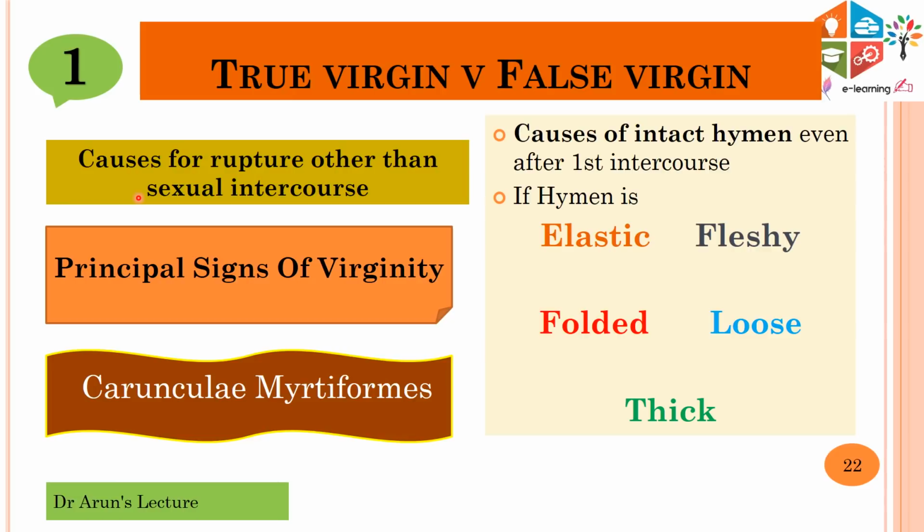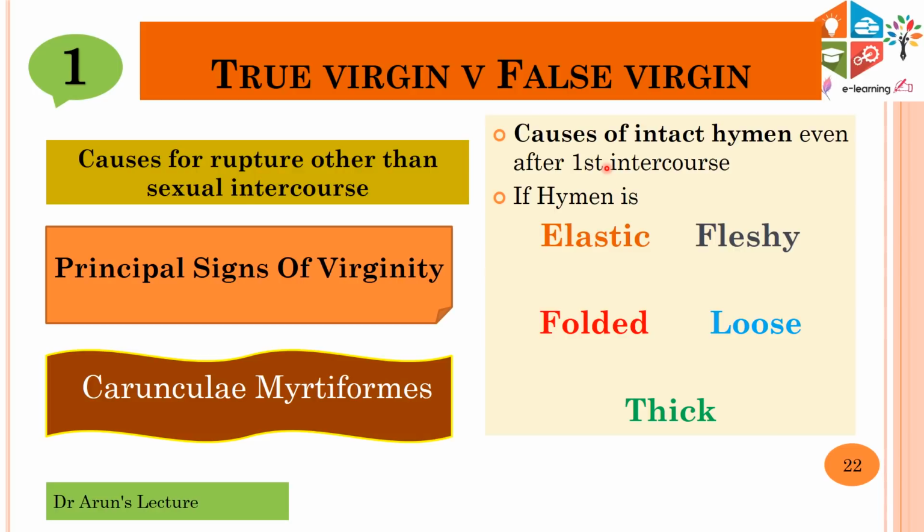And remember, even after repeated intercourse a hymen can remain intact if it possesses features such as being elastic, fleshy, folded, loose, and thick enough to resist rupture. Such a hymen permits displacement and even resists distortion and stretching without rupturing after multiple intercourse.